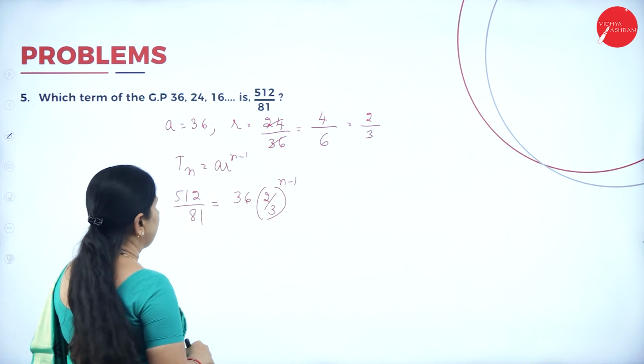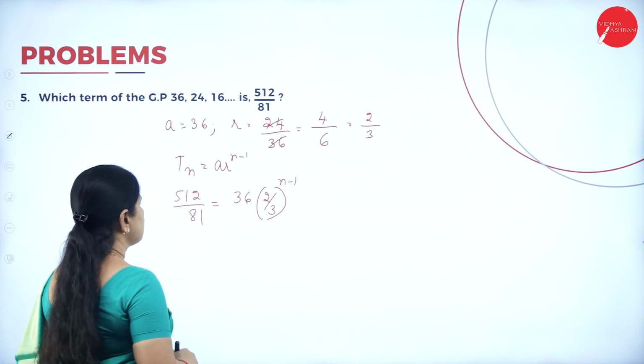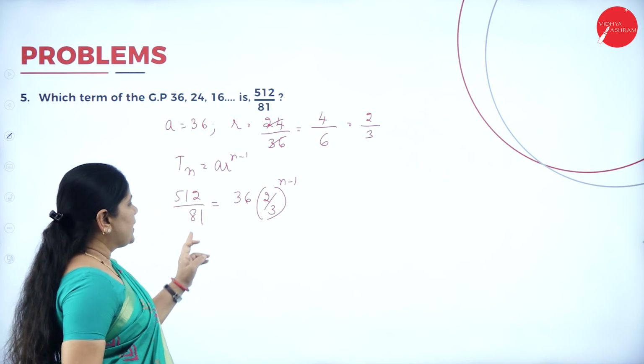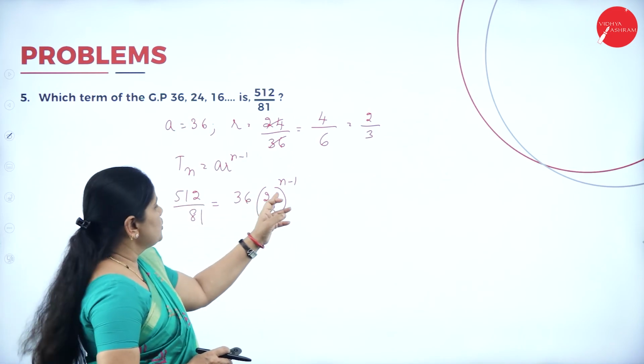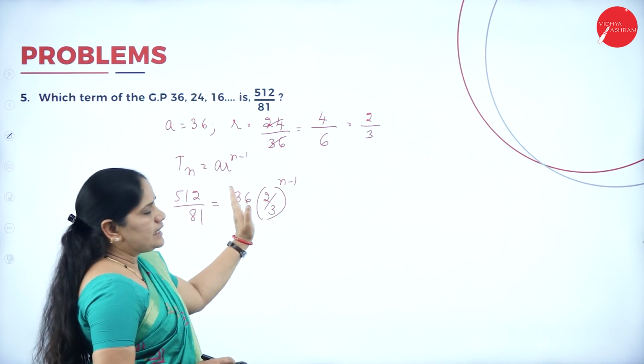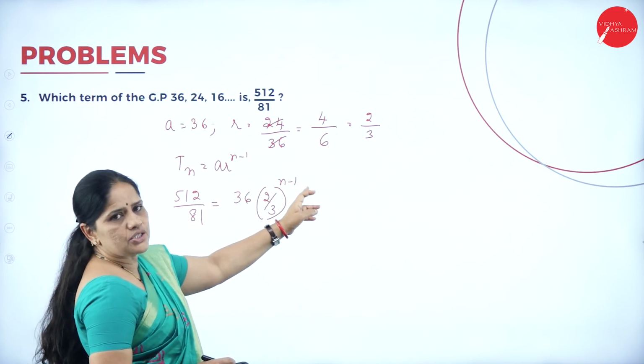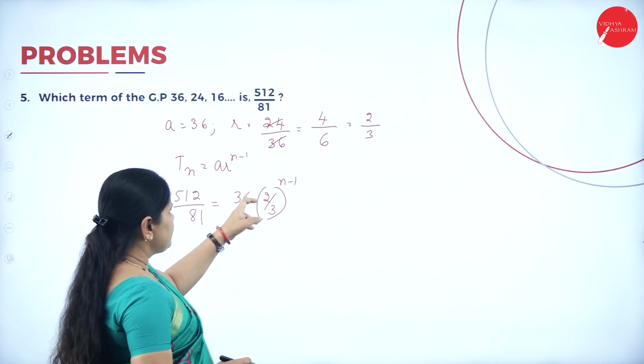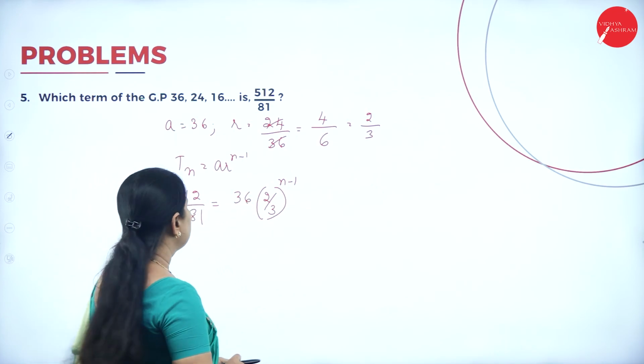So I don't know n. So I have written n as it is. See, 512 by 81 equals 36 into 2 by 3 to the power n minus 1. Now I cannot multiply this because there is a power here. So n minus 1. So I just bring this to the left hand side of the equation.